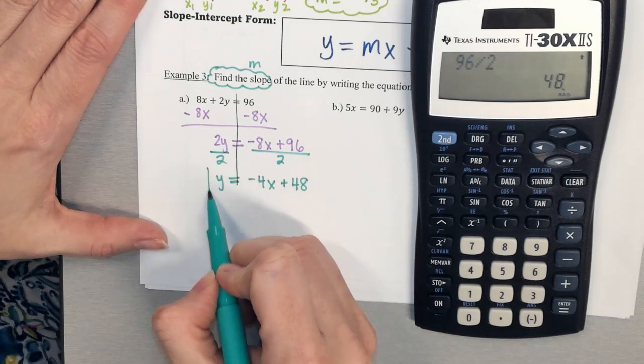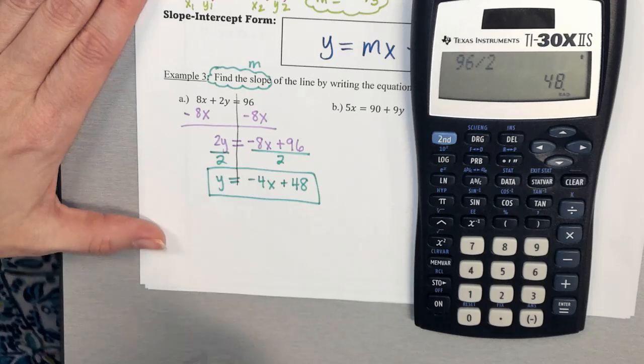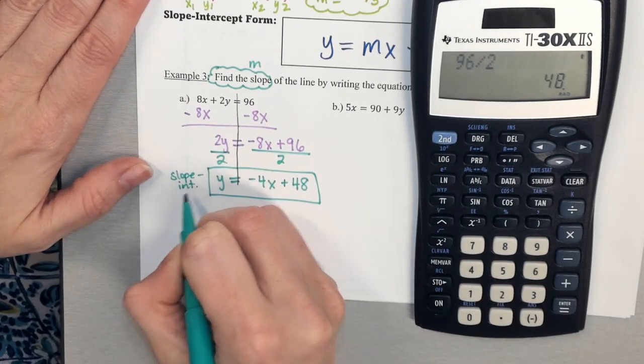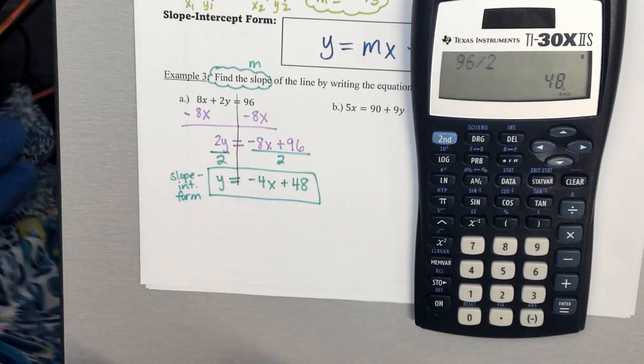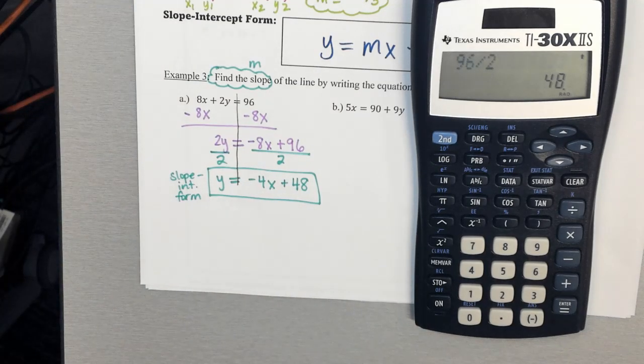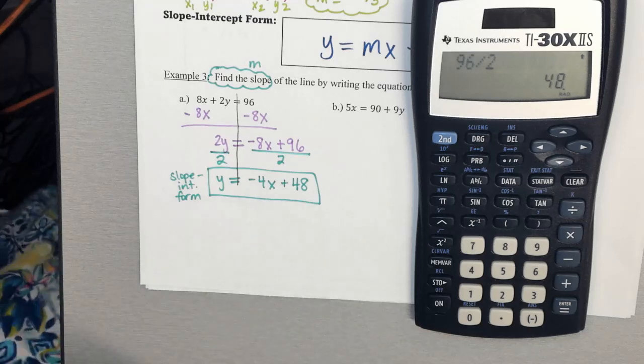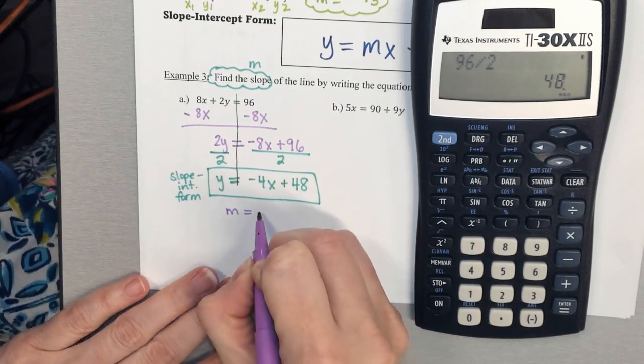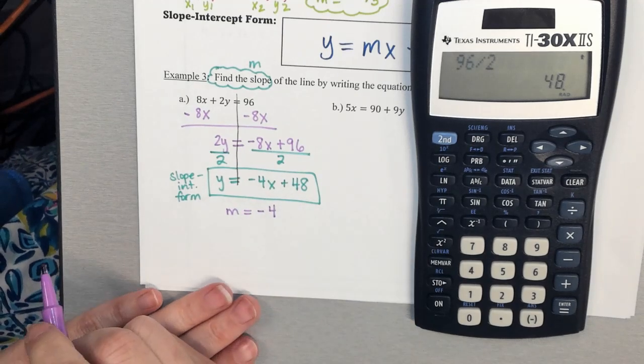Okay, so it said to write this in slope-intercept form. This is our slope-intercept form. Now it only said that we had to find m. So we don't even have to find the y-intercept here. So m is equal to negative 4.